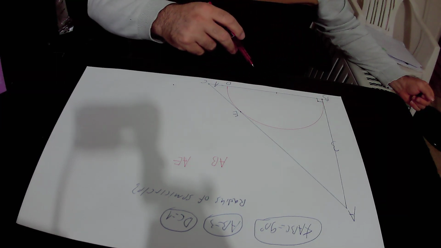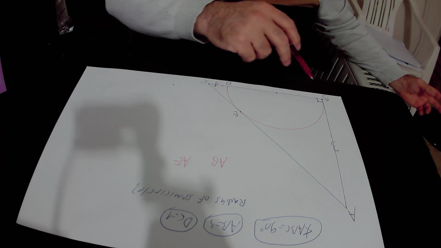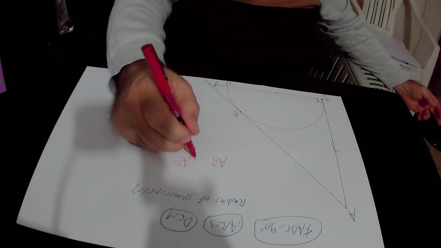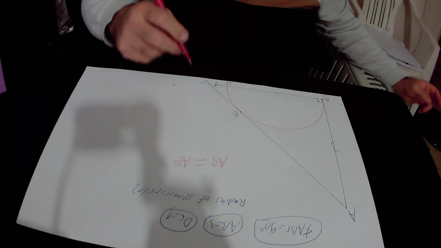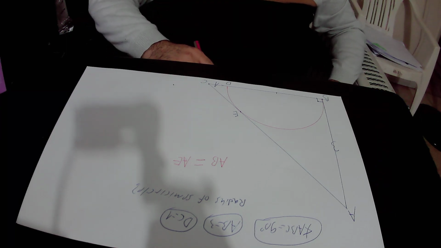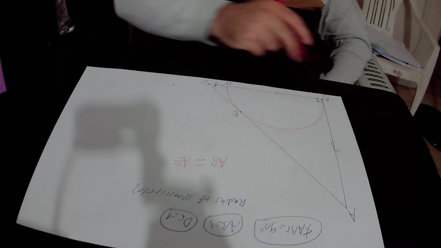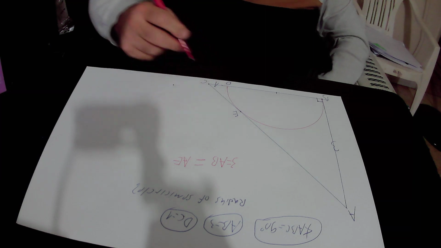Therefore, the lengths of those two tangents will be equal to each other. That is to say, AB will be equal to AE according to the two tangents theorem. But we know that AB equals 3 units according to what is given in the question.